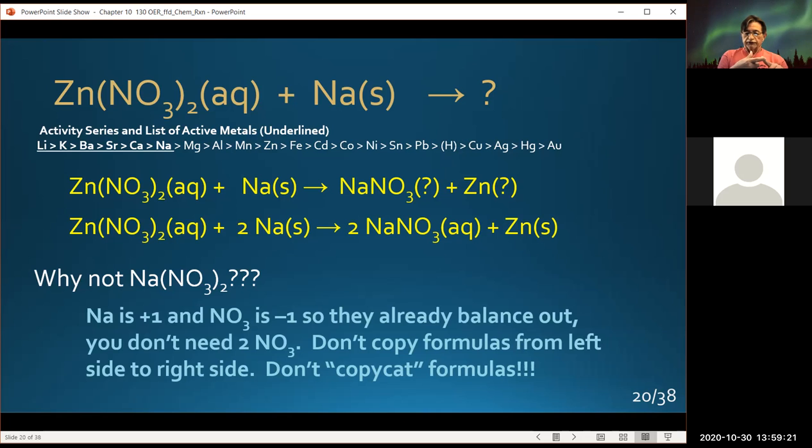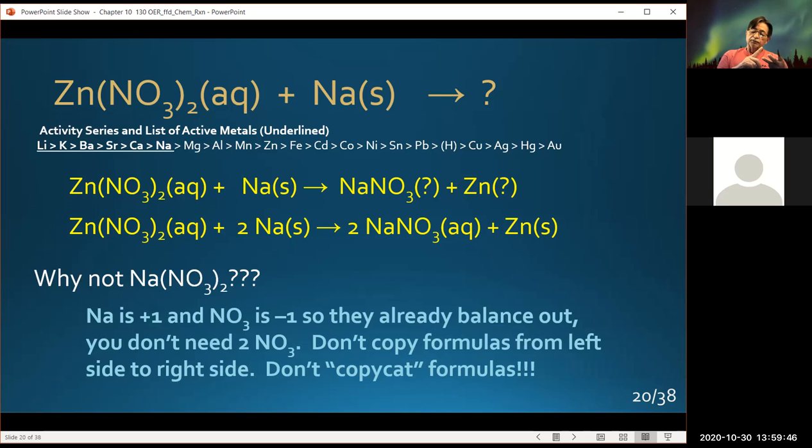To summarize, when you look at a single replacement reaction, and you can tell you're going to deal with a single replacement reaction because one of the reactants is always an element, in this case, sodium. You look at these 2 reactants, look at the metals, determine who's the most reactive.